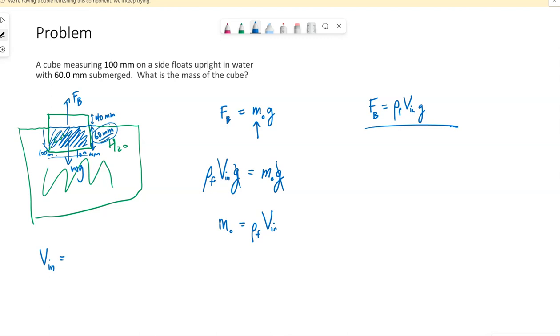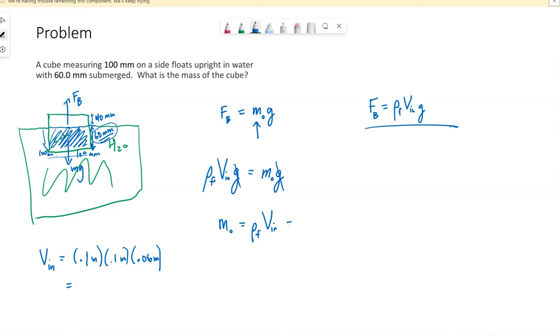The difference is this height of 60 millimeters. We will want those measurements to be in meters so that we get our volume in meters cubed. So 0.1 meters times 0.1 meters times 0.06 for the height. This will be the volume that is in.